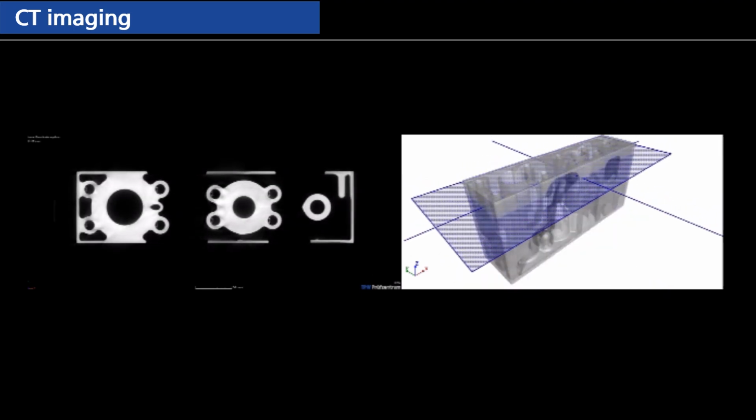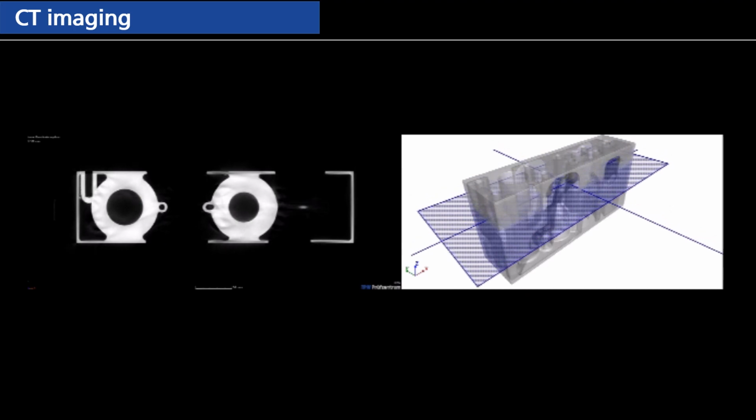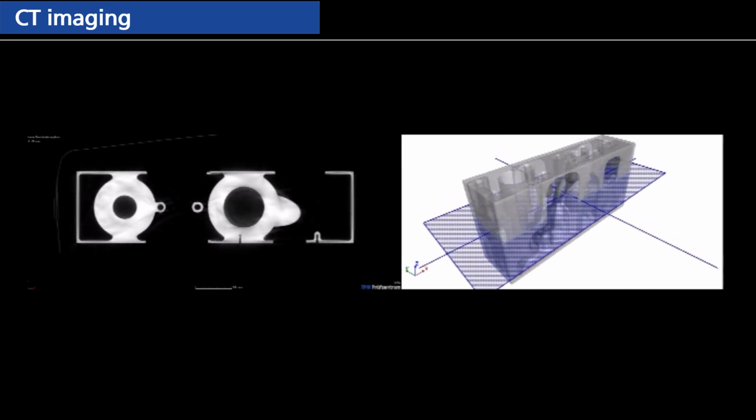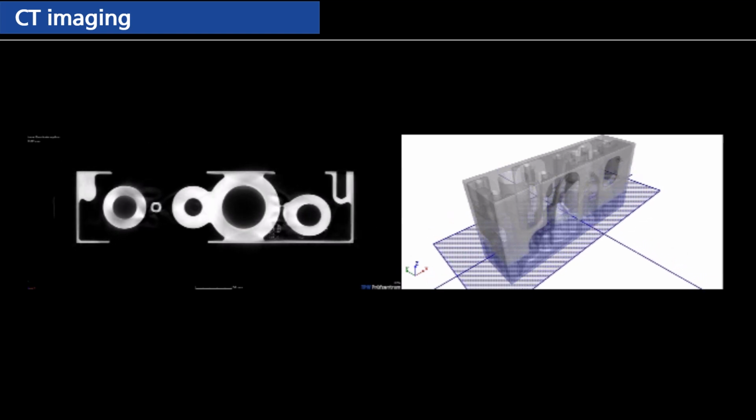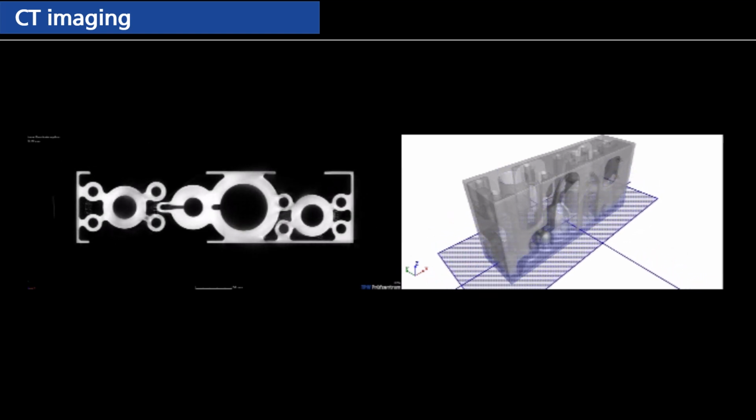The important difference is that in these slice images, that's not the perfect part, but that's the actual part with all its imperfections. So that's a very powerful tool to study those.